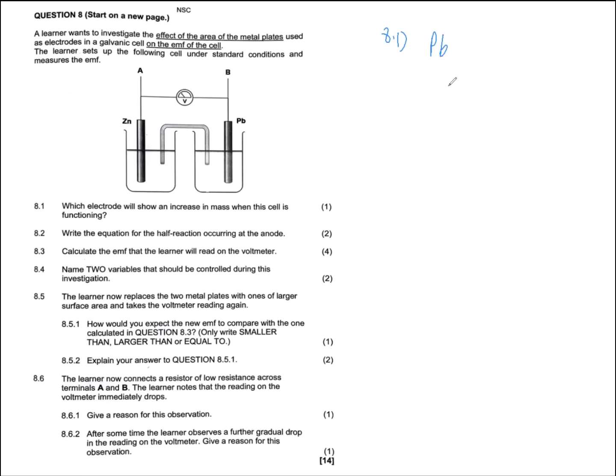Then we have 8.2. It says write down the equation for the half reaction occurring at the anode. Now that we have identified that this is the cathode, that means zinc here is the anode. And then how do we write the half reaction for the anode?